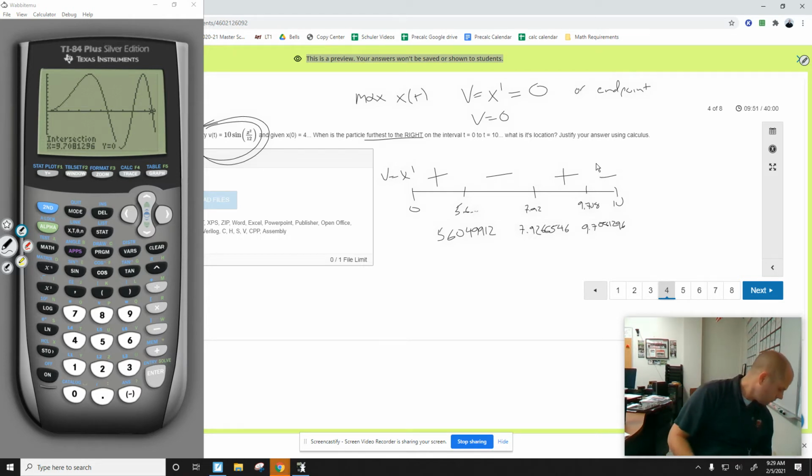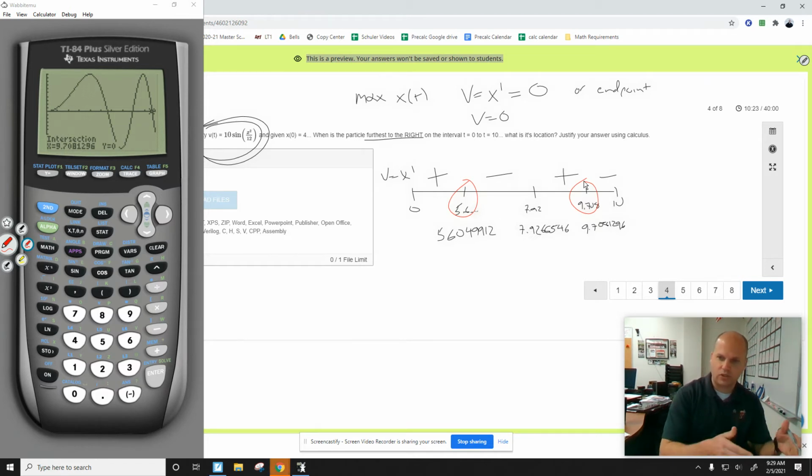Well, if you move right, then left, then right, then left, I know for a fact it's not going to be an endpoint because this is going to be further right than wherever I started here. I know it's not going to be 10 because I'm going from the left from 9.7 to 10. So I really have two candidates, this guy and this guy. Those are my two possible maxes. The other ones just won't make sense because it's further to the left than those positions at those times.